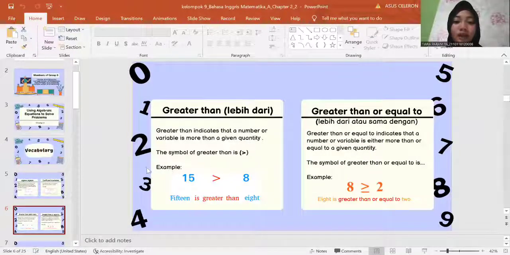The example: 15 is greater than 8. It means 15 is greater than 8. The sign is like the stomach curve in the letter B, but there is no straight line.